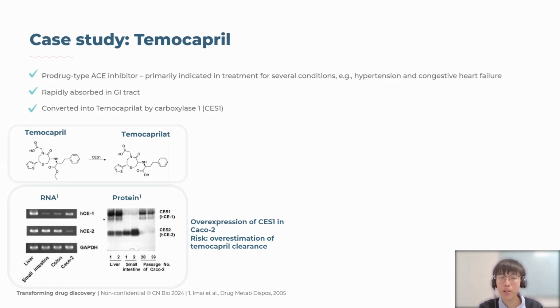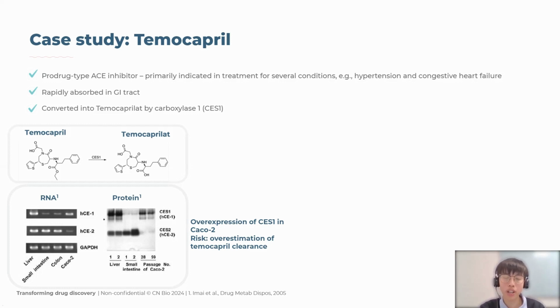Temocapril is actually designed to be resistant to intestinal hydrolysis, and the actual human intestine does not express the isoenzyme CES1. However, for a traditional Caco-2 model, there is positive expression for CES1, which obviously differs from the actual scenario in the human intestine.